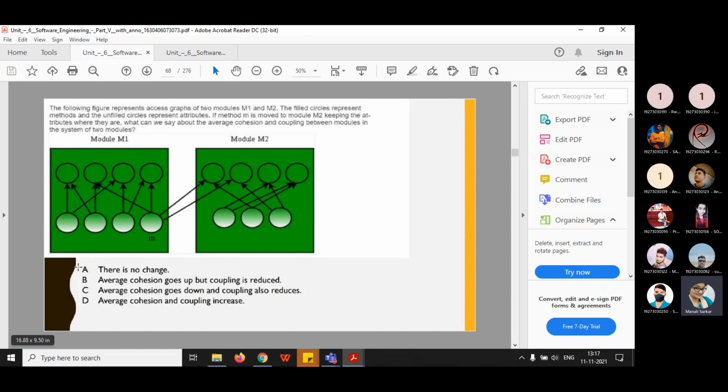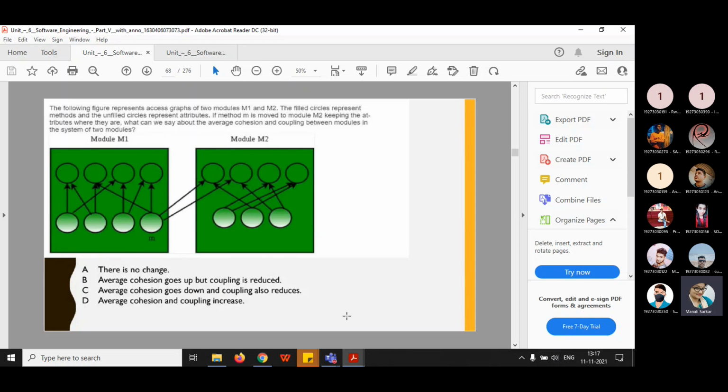Four options are given. A: there is no change. B: average cohesion goes up but coupling is reduced. C: average cohesion goes down and coupling also reduces. D: average cohesion and coupling increase. Students, do you have any idea?